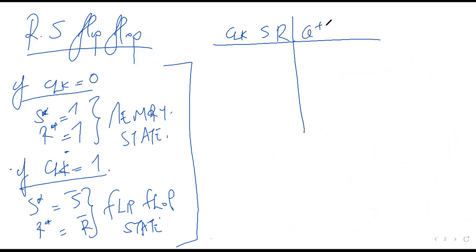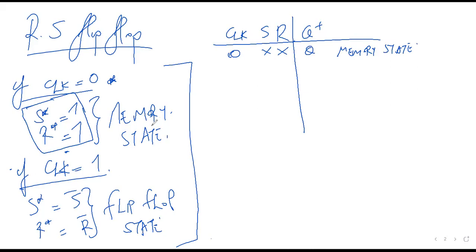The truth table. If the clock is 0, whatever the inputs are, we are in the memory state. And I explained it here. If clock is 0, our S star and our R star are equal to 1.